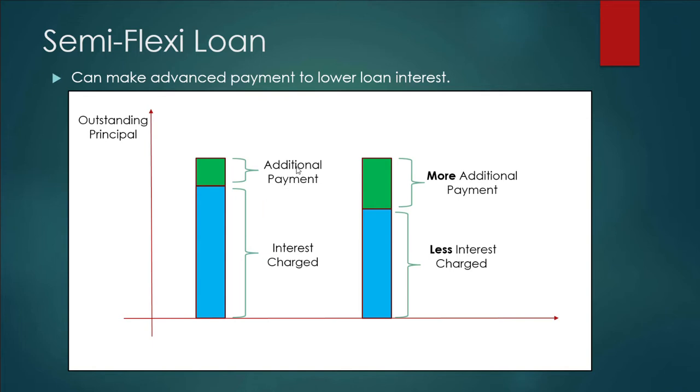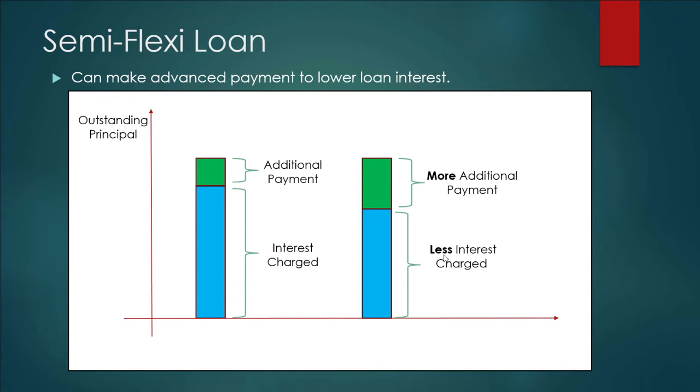What the semi-flexi loan does is allow you to pay more on top of your monthly installment to further reduce your principal balance. Once your principal balance is reduced, the interest charge for the following month will be less.